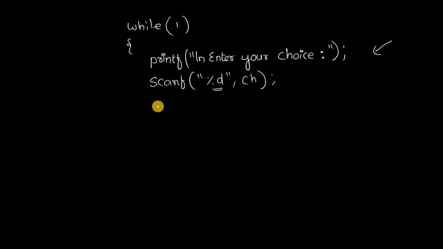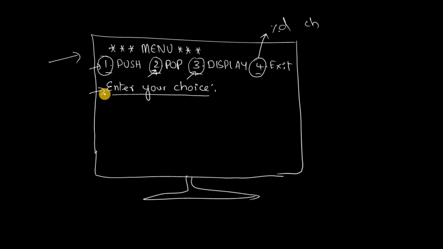The next statement is we have to use a switch statement. Switch of choice. Based on the value that has been entered by the user, the corresponding operation has to be executed. So for that I am using the switch. Total how many cases? I have taken 4 cases.